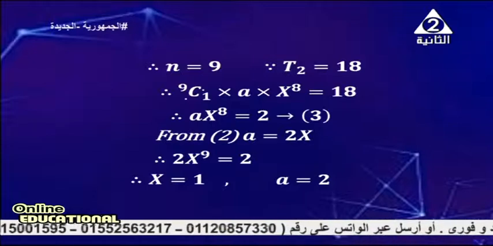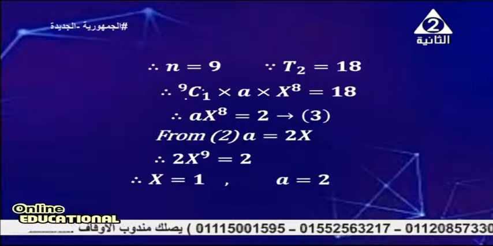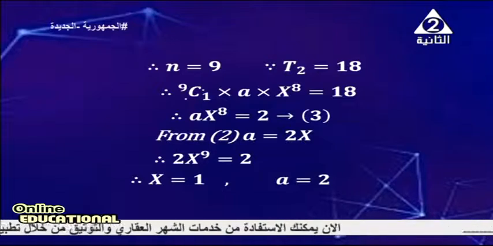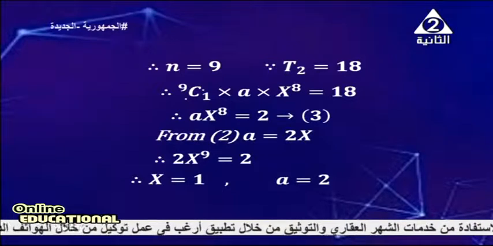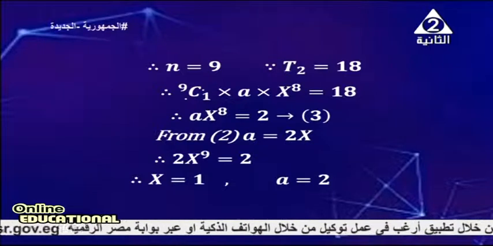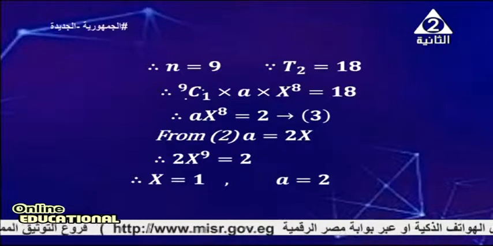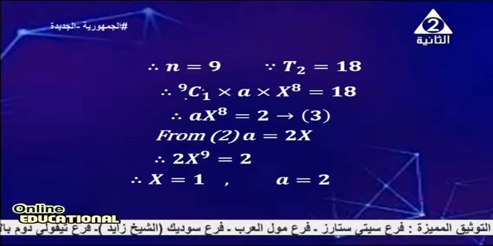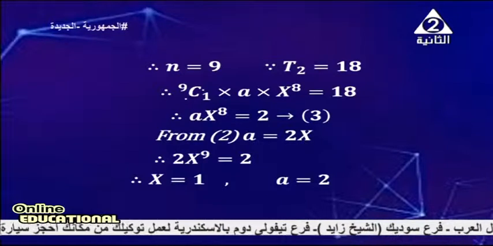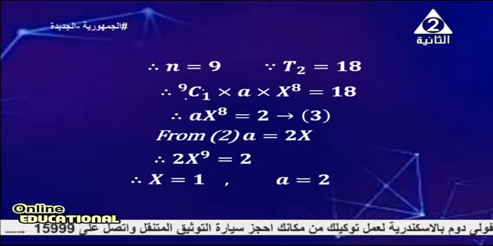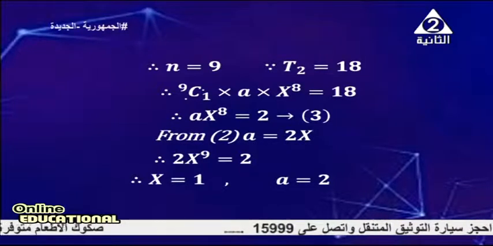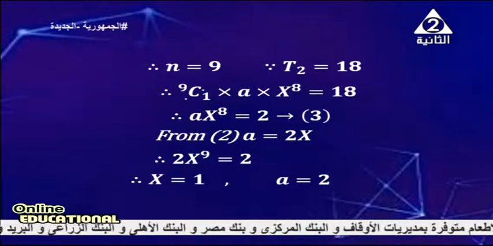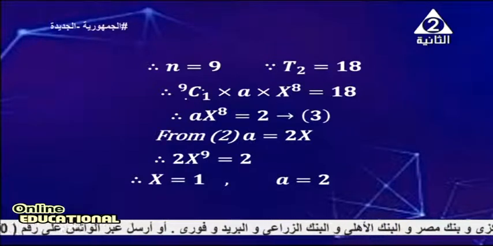This is a very important example. We have three unknowns, n, x, and a. From the given, we have the relation between three consecutive terms, T2, T3, T4. We find the relation between T3 and T2, and between T4 and T3. We have two equations; we need a third equation.